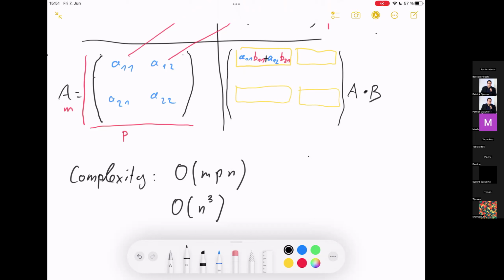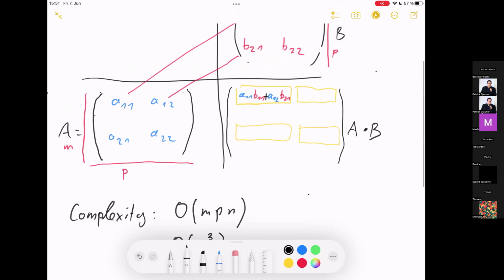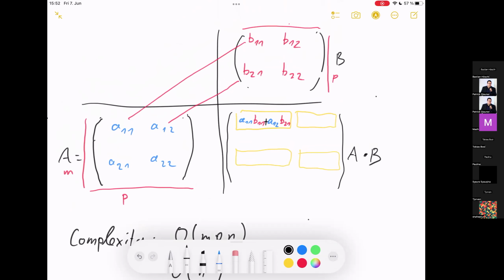This is the naive matrix multiplication, and obviously we can do this for matrices that are much larger than just 2 times 2 matrices. Now we are wondering if we are able to do matrix multiplication faster. Who of you, maybe without looking at the slides, sees an obvious way of how we can speed up matrix multiplication?